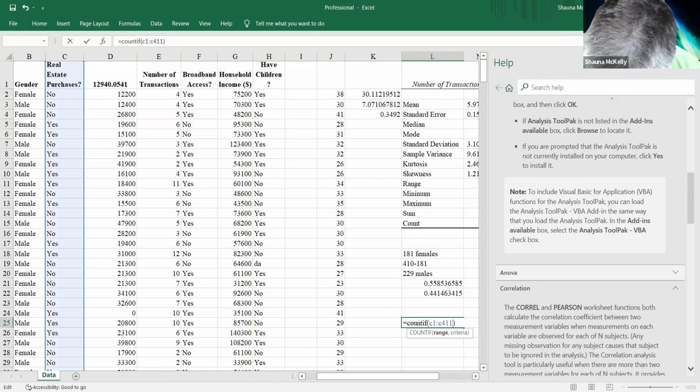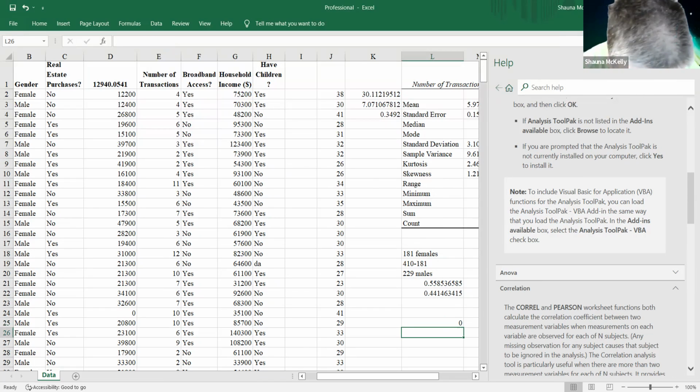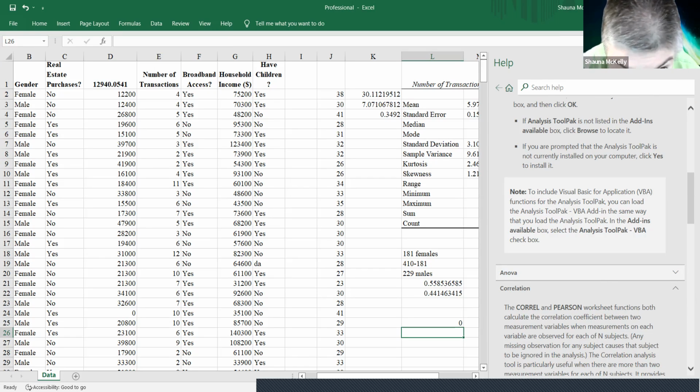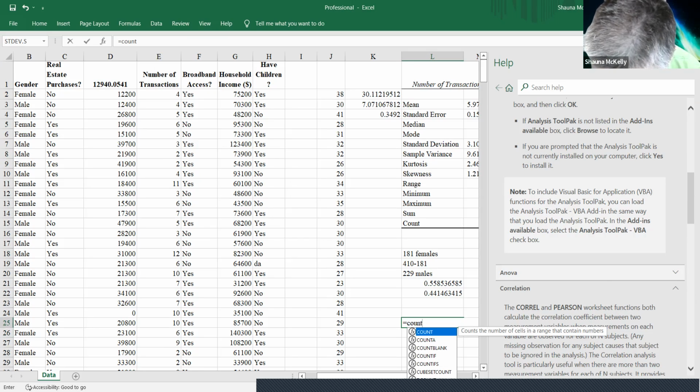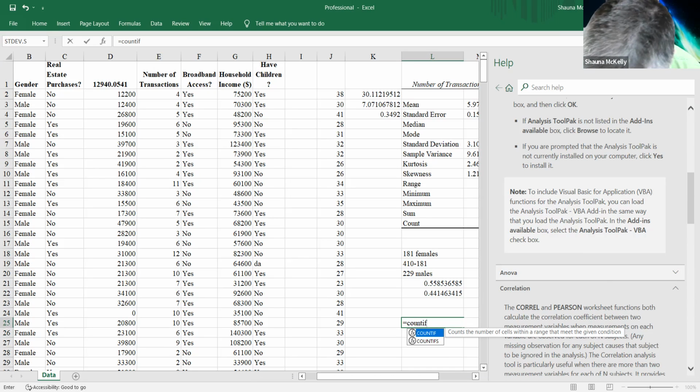Then it's yes. Let's see if I'm right. That doesn't work. Okay. This is equal to COUNTIF counts the number of cells in a range that meet the given, yeah, okay.